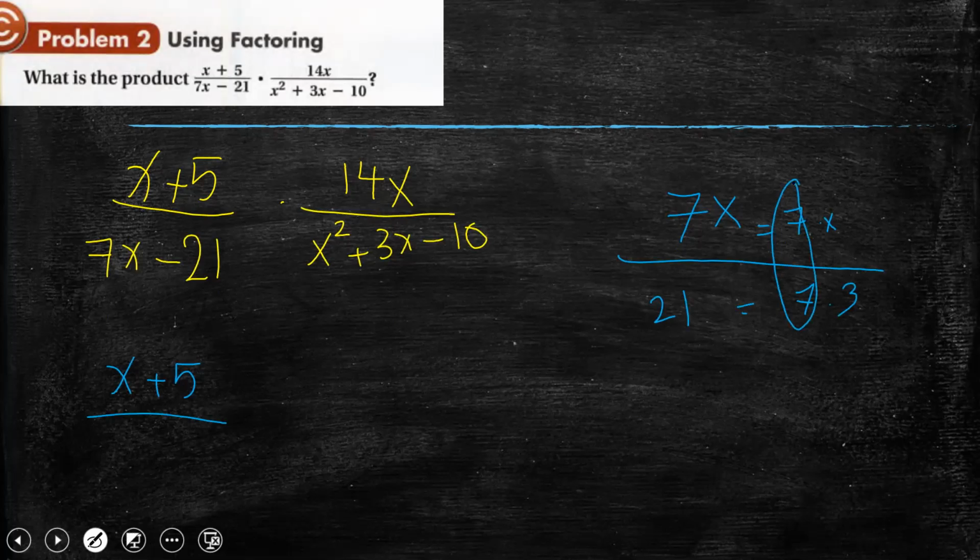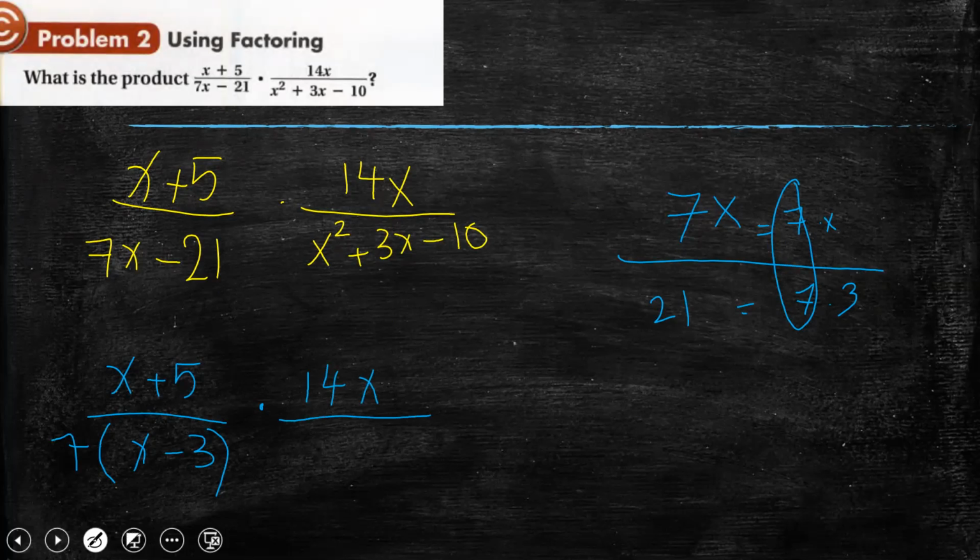So let's take 7 as a common factor. What do we have now? x minus 3. Bravo. This is for the first one. Let's continue with 14x. It is simplified, keep it as 14x.